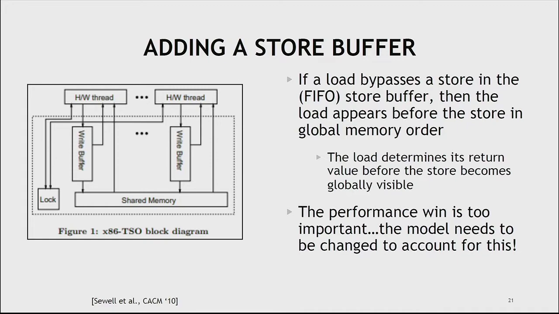You want to just buffer the stores, get them out of the way, and allow the loads to bypass them. This is a very common thing. It gives you a lot of performance in and of itself. And so for many years, this has been the first example of a performance gain which is important enough to violate sequential consistency. Everyone would love to have sequential consistency, but it's complicated enough.